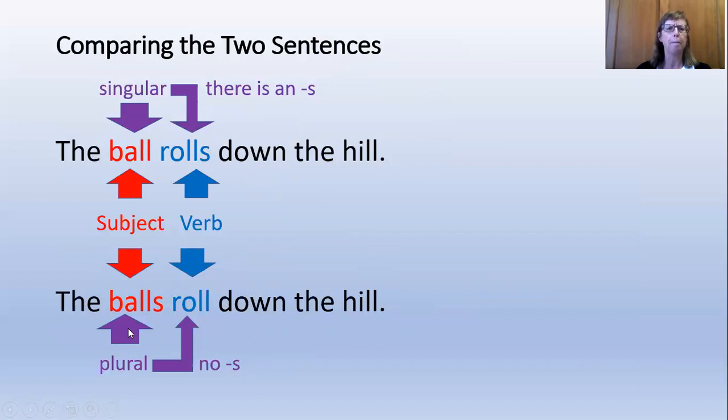Balls is plural because there's more than one of them, and our verb doesn't have an S. So I hope that makes it a bit clearer about how the number in our subject must agree with the verb that we are using. Okay, if it's single, we put an S on the end. If it's plural, we don't put the S on the end.